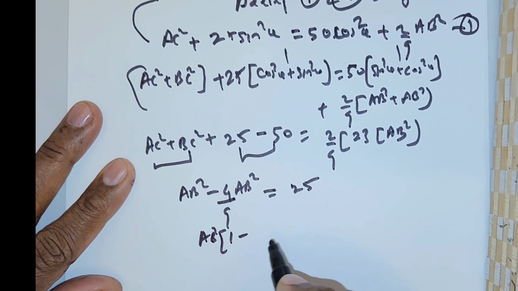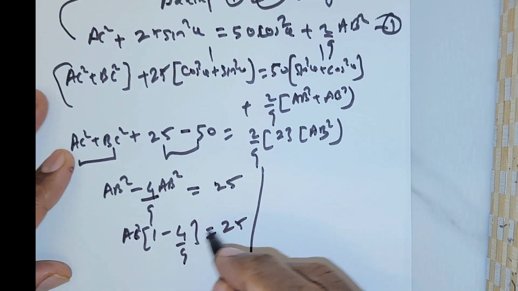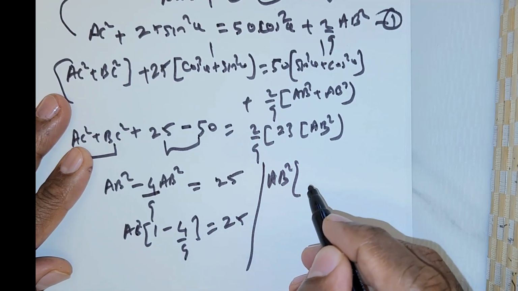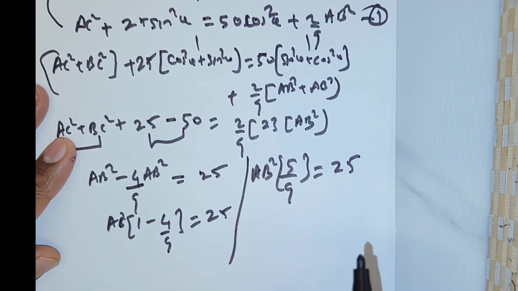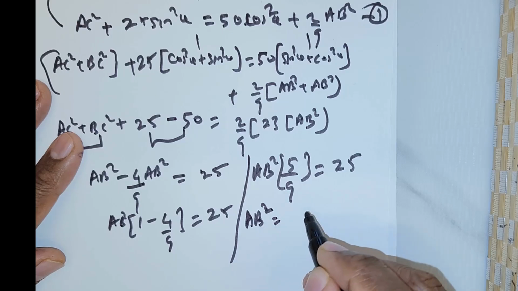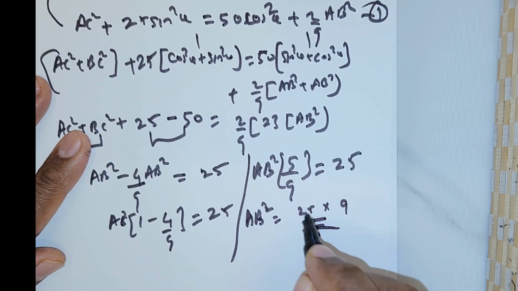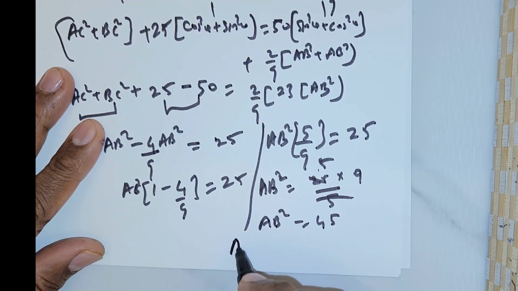So I take AB squared out, I get 1 minus 4 over 9 is equal to 25. This is going to give me 5 over 9 is equal to 25, right? So AB squared is equal to 25 times 9 divided by 5. 5 divides here, 5 times 9 is 45. This is AB squared, but I want AB.